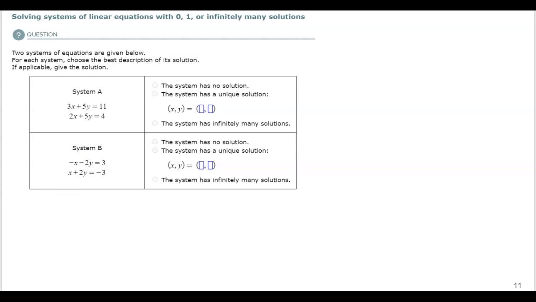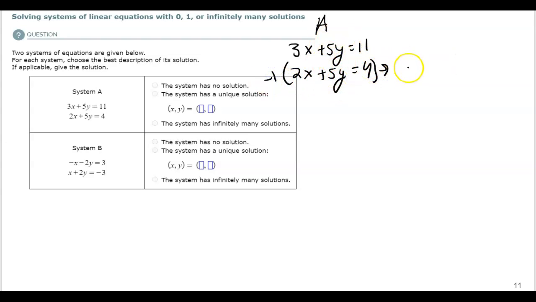Okay, system A. I want you guys to take a second to try to solve it on your own with elimination. I'm going to do the work for it up here. We do not have numbers that naturally add to 0. So I'm going to go ahead and multiply the second row by a -1, because my y's are already the same.